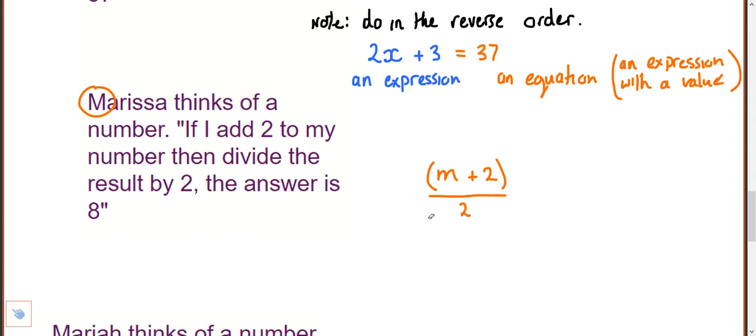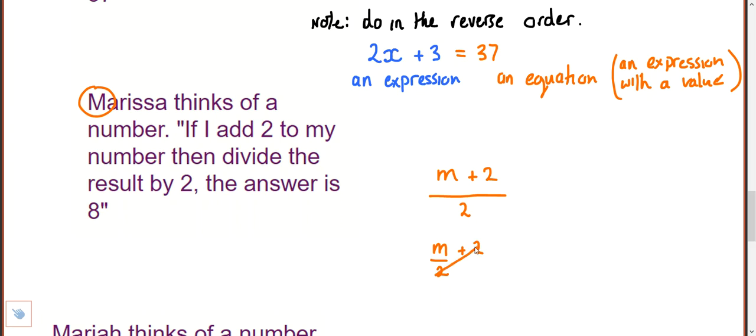Now if we've got a line that goes under everything, we don't actually need the brackets. You can have the brackets if you want, but we don't need them, because that line means everything is divided by 2. You've got to be careful though, because if I were to write n like that, that means something different. That means that Marissa did the divide by 2 first, and she didn't do that.